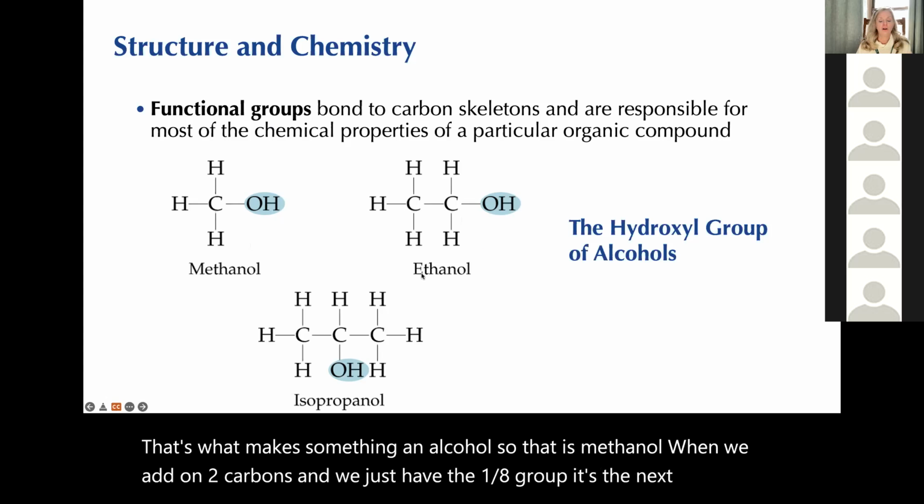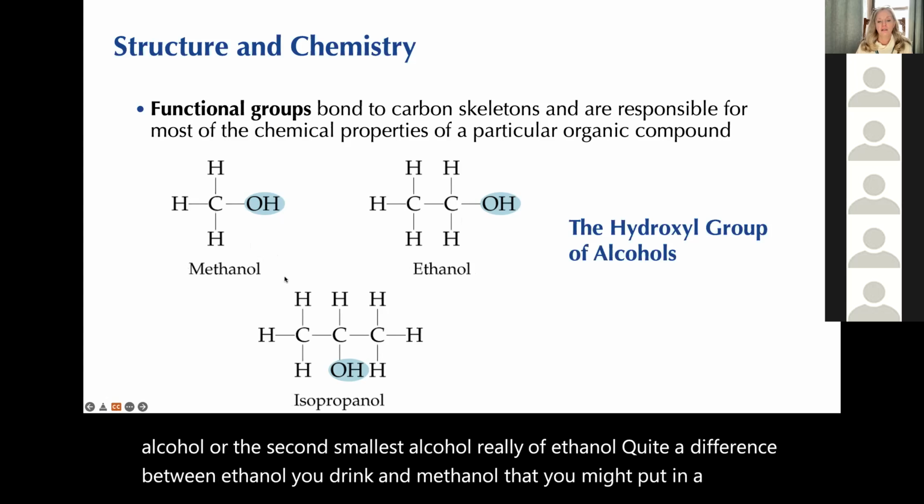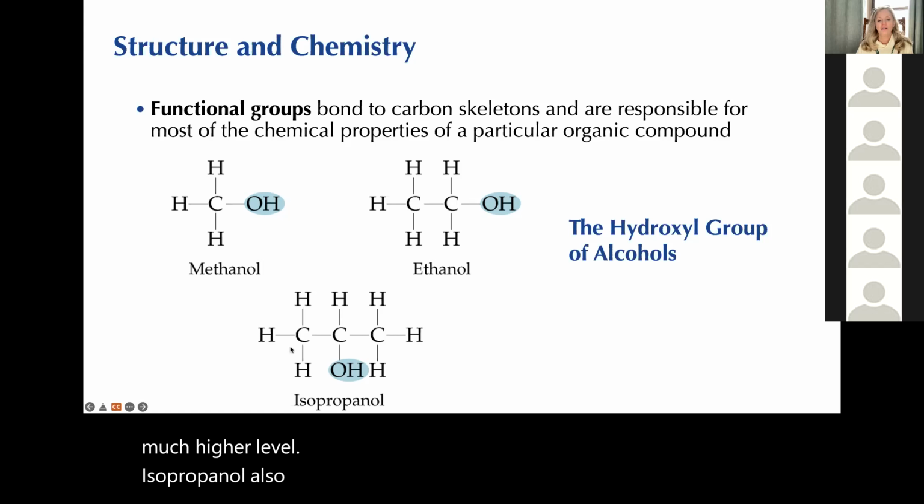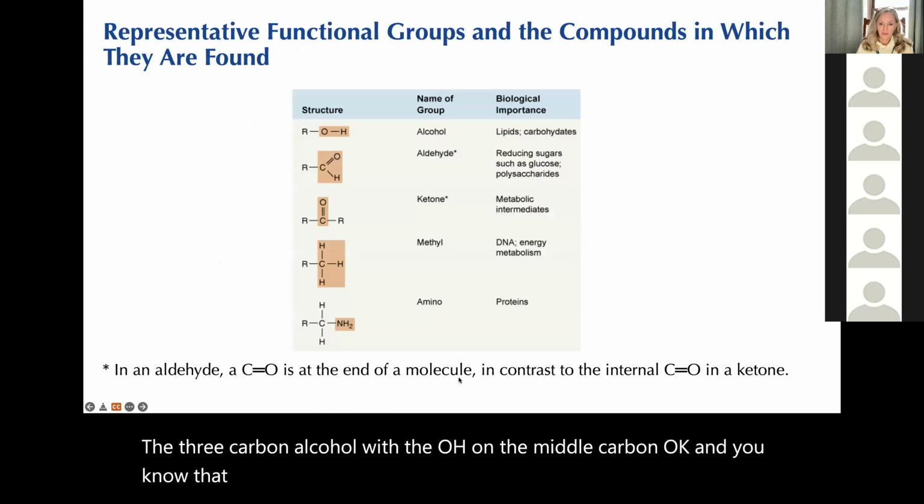Quite a difference between the ethanol you drink and the methanol that you might put in a vehicle. This is toxic poisoning to you. This also is toxic poisoning, but at a much higher level. Isopropanol, also isopropyl alcohol, is the 3-carbon alcohol with the OH on the middle carbon. And you know that for cleaning your wounds.